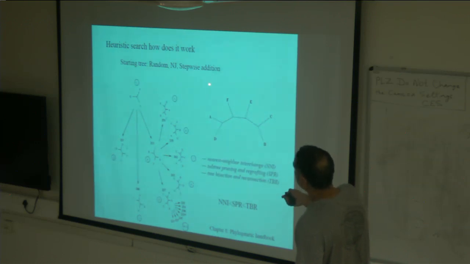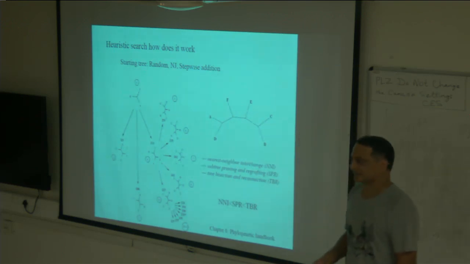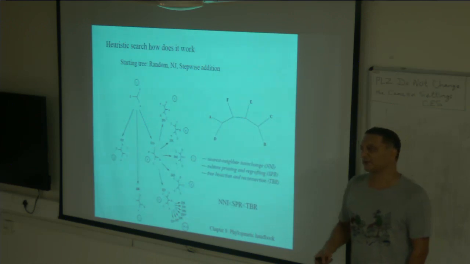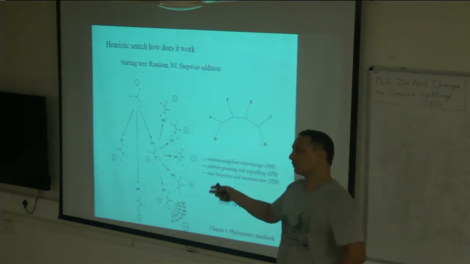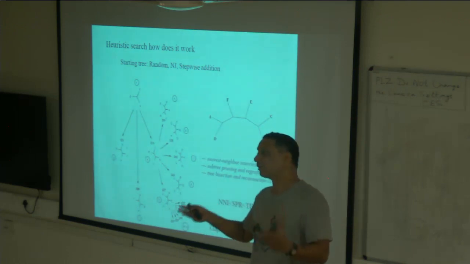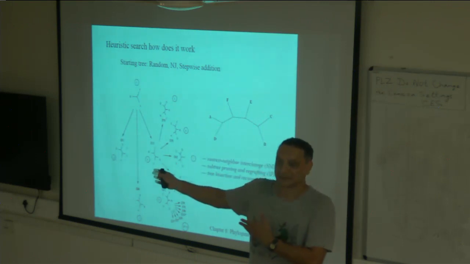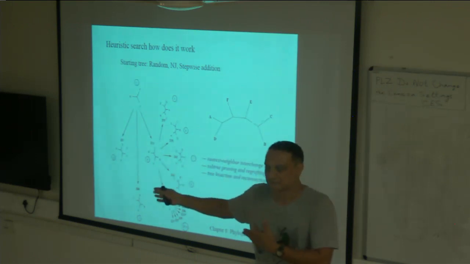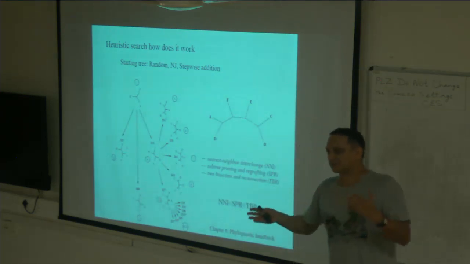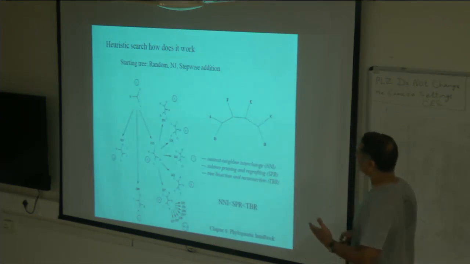Okay, so these are three different ways in which you can start with the starting tree. As we discussed yesterday, if you start with a neighbor joining tree, you're probably closer to optima, but if the neighbor joining tree for some reason is not giving you the right answer, then you will definitely go to the suboptimal tree peak. Right? So these are problematic issues with searching the optimal tree.